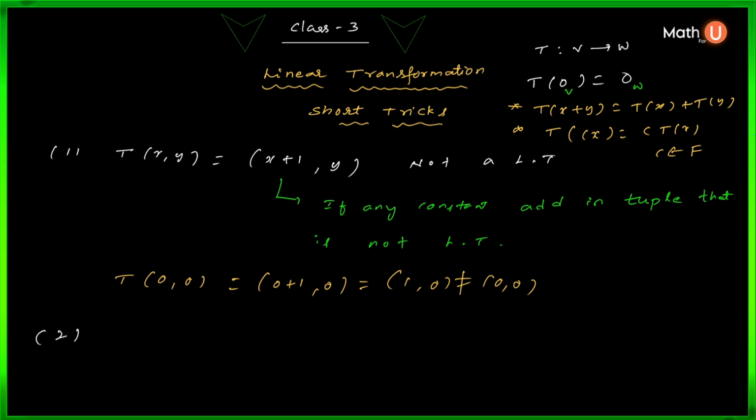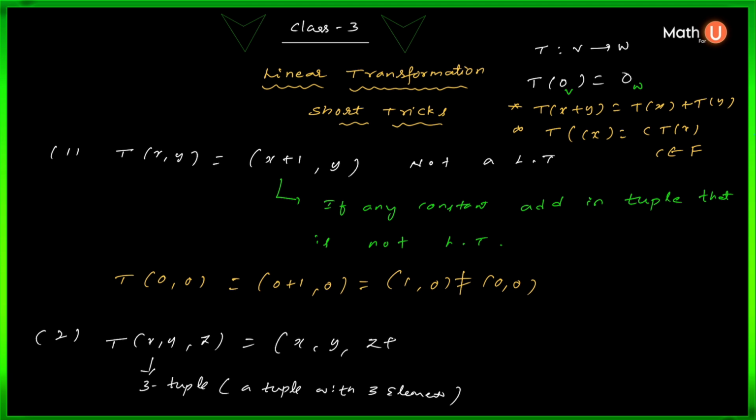The second trick is T of x comma y comma z. If it is given as a 3-tuple, nothing but a tuple with 3 elements, here x, y, z are the 3 elements, or we call these vectors also, equal to x comma y comma z plus 10.